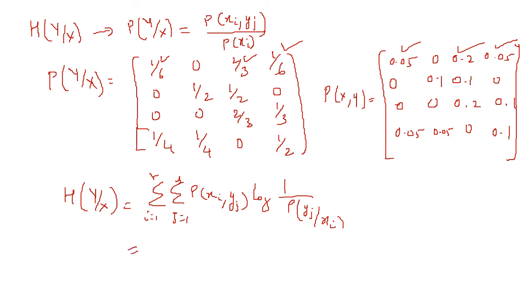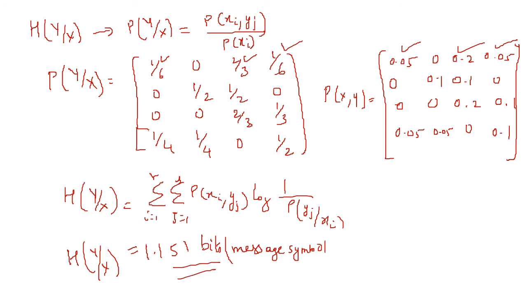Substitute for all the elements of your given matrix, and finally you are going to get h of y by x, which will be 1.151 bits per message symbol. So this answer is after the substitution for each element into log of this. So we have to do it for all the entries of this into this log of p of yj by xi.